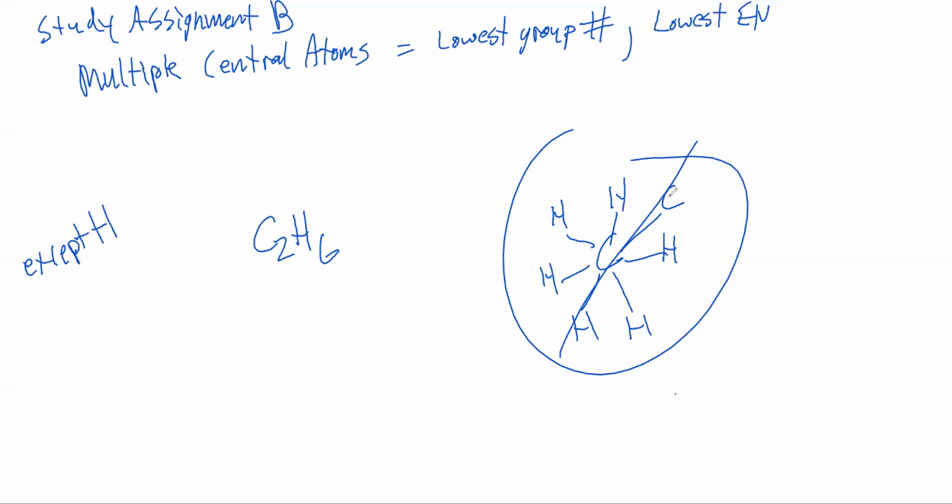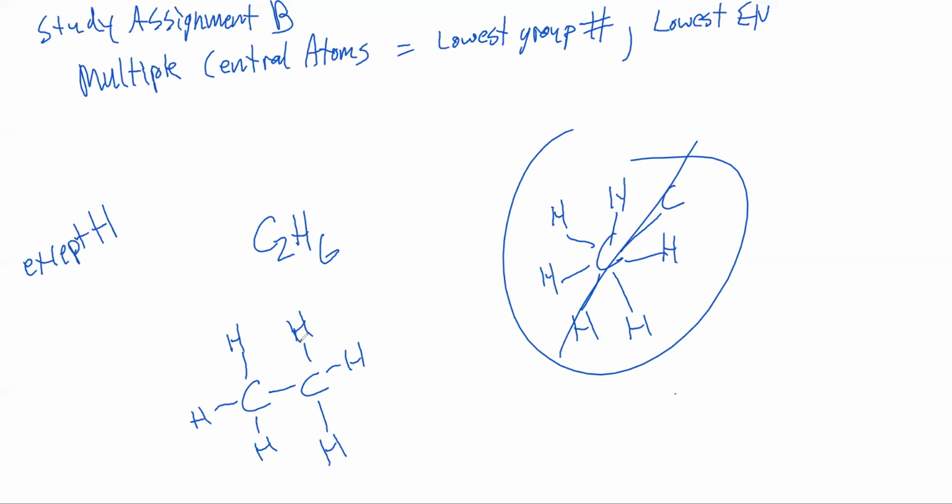However, we do have this second carbon that can form its own grouping. So maybe instead we would have a carbon connected to a carbon, and each of those carbons could have 3 hydrogens around it. Now, carbons are one of the most common ones to make a chain or have multiple centrals because they can form so many bonds.